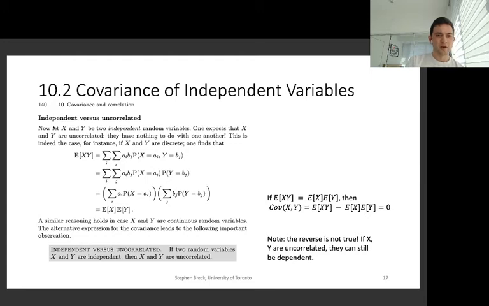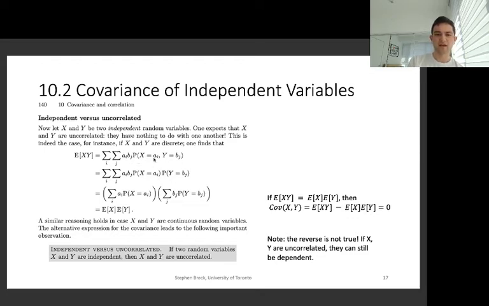So now, if we let x and y be two independent random variables, one expects that x and y are uncorrelated. They have nothing to do with one another, right? So this is indeed the case. If x and y are discrete, one finds the expected value of xy, which we can calculate using just the definition, right?